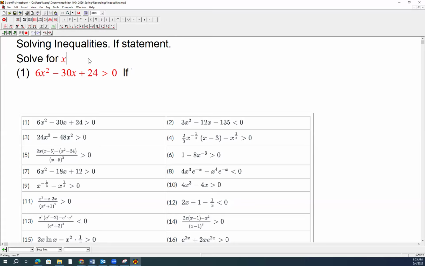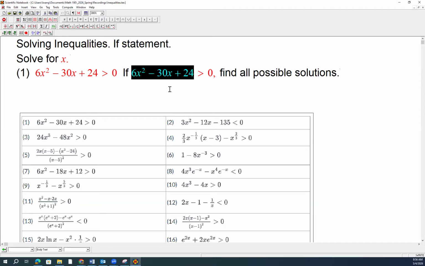In all of your algebra classes, this wording has the following meaning: if this expression is greater than 0 is true, solving for x means to find all possible solutions, which is to identify all possible inputs such that the output is positive. That's from the function perspective.